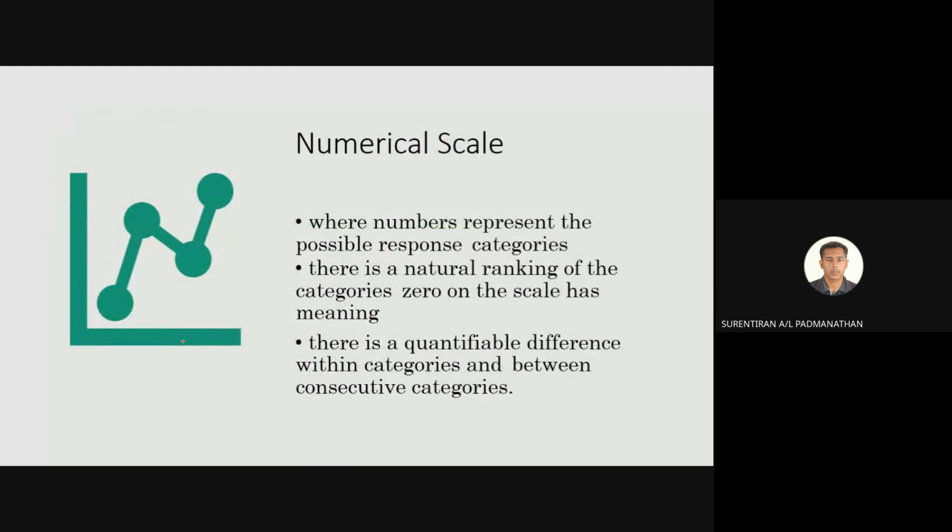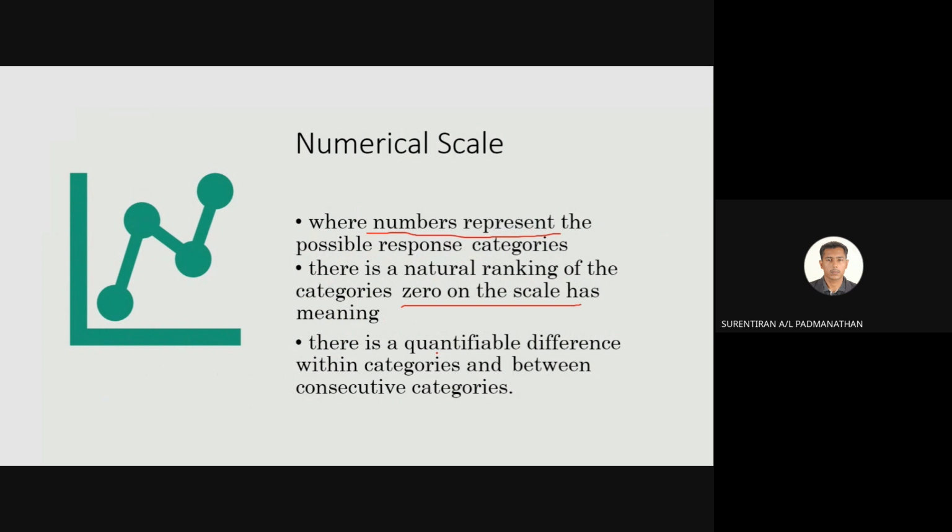Okay, so numerical scales, right? This is where, usually for engineering, we usually use these numerical scales. The numbers represent the possible response categories. There is a natural ranking of the categories. Zero on the scale has meaning.